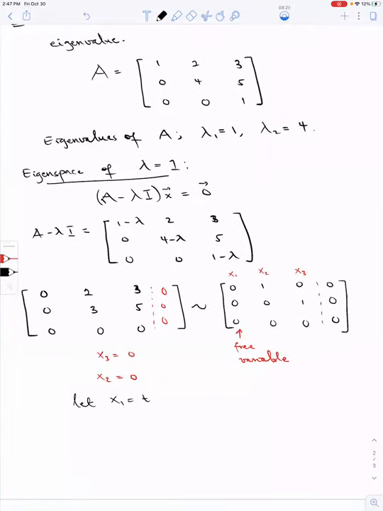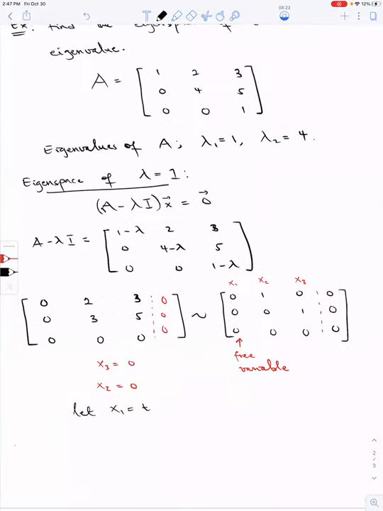Since I'm interested in the eigenspace for lambda = 1, it is going to be t times (1, 0, 0), where t is some real number.